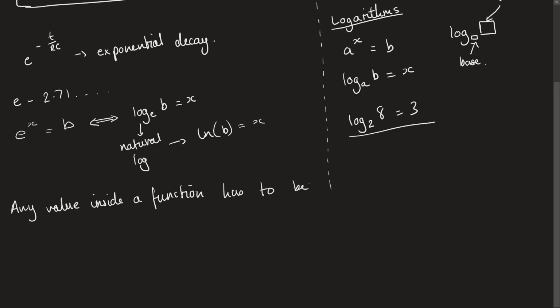I'm going to go with unitless. It would be the same as dimensionless, which means in this case, if I'm going to put the power of t over RC, it means that actually t must have the same units as RC. Therefore, RC must have units of seconds.